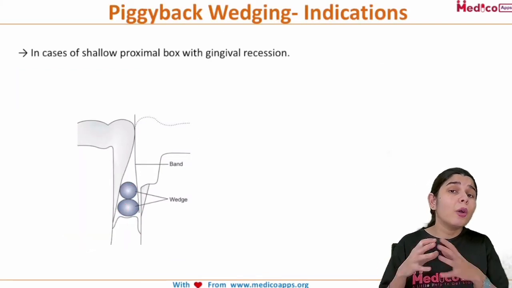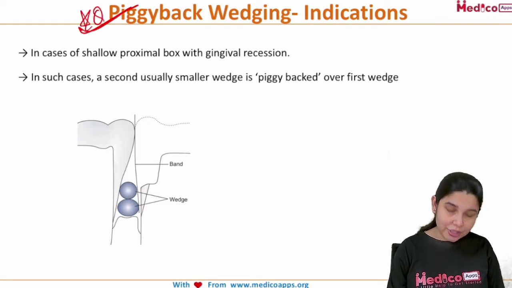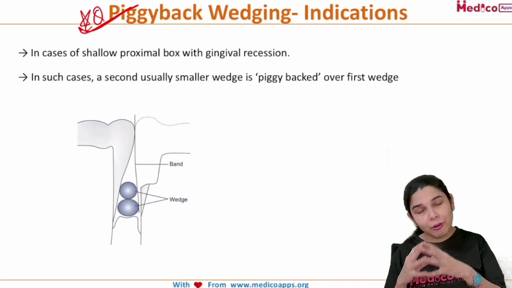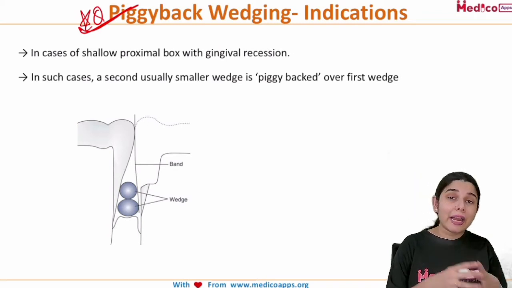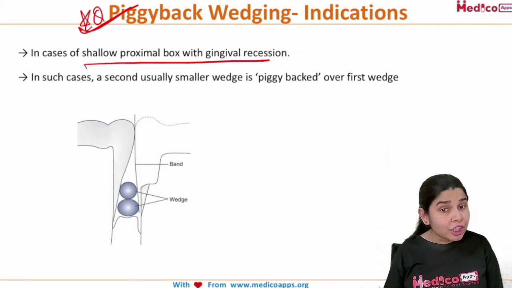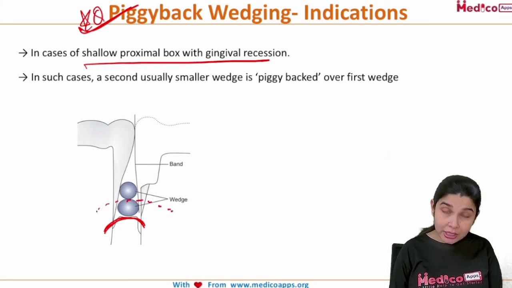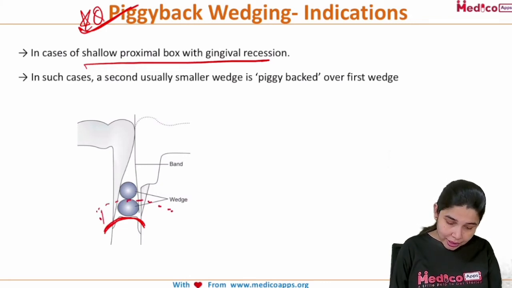But before that, what are the indications? That is the most important point for our question. The indication for the piggyback technique is that it can be used for a shallow proximal box with a gingival recession. Normally the gingiva would be placed here, but as you can see, there is gingival recession.